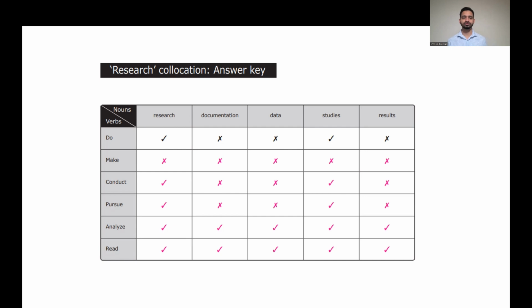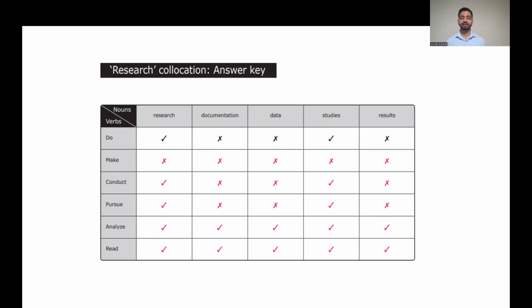Pursue. We pursue research, right? We pursue documentation, not really. We pursue data, not really. We pursue studies, and we pursue results, incorrect. Analyze data, that is correct. So analyze can collocate with research, documentation, data, studies, results, all of them.